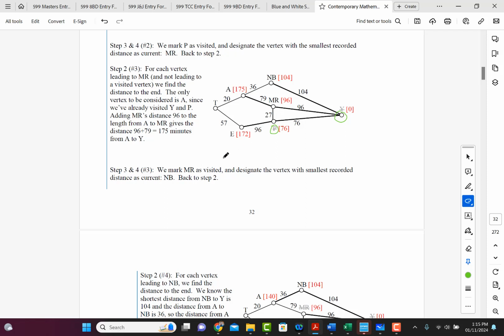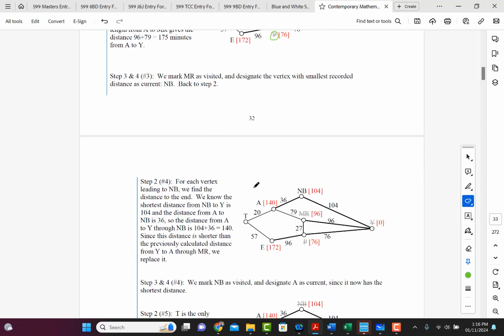So which one has the smallest recorded distance? This is visited. It's going to be NB, because NB is 104, the other ones are 105. So now we go back and start with NB.